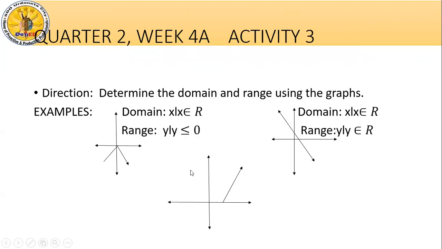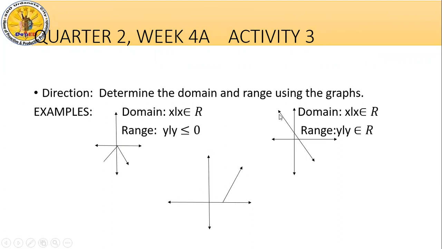For the range, looking at the graph in number 1, our graph intersects at 0 and is pointed downwards. Therefore, y is less than or equal to 0. The values of y here are all negative.